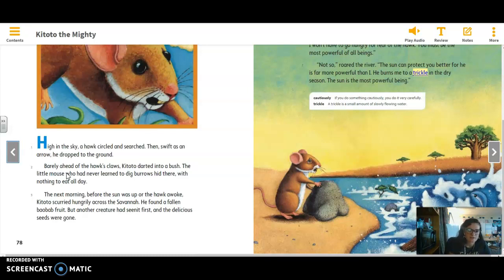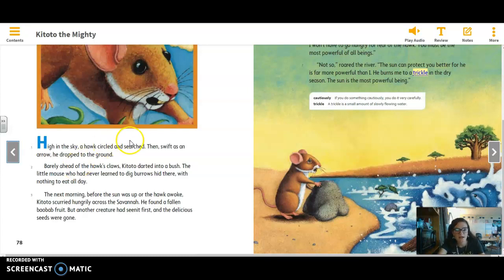Barely ahead of the hawk's claws, Quitoto darted into a bush. The little mouse, who had never learned to dig burrows, hid there with nothing to eat all day. The next morning, before the sun was up or the hawk awoke, Quitoto scurried hungrily across the savannah. He found a fallen baobab fruit, but another creature had seen it first, and the delicious seeds were gone.